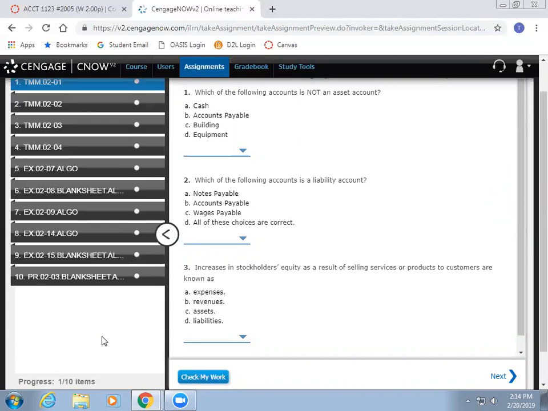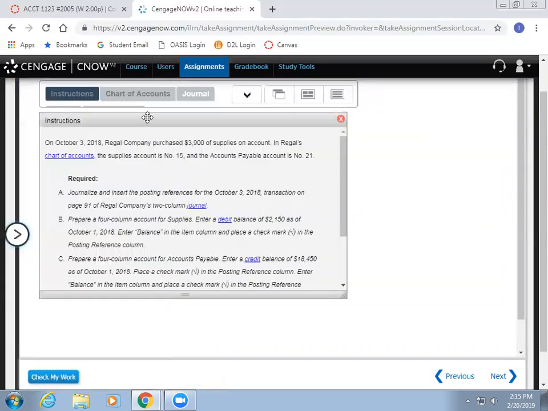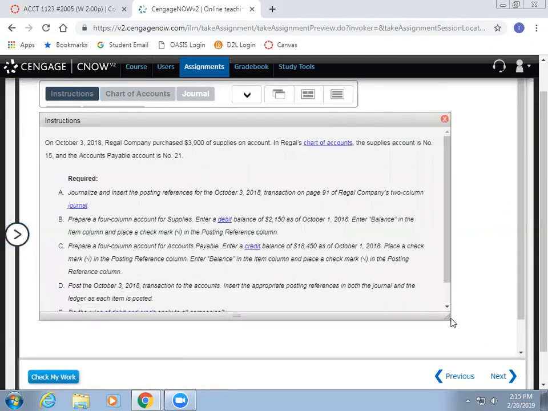Okay, question 6, the very first journalizing in ledger. Yeah, this one. October 3rd, the retail company purchase.